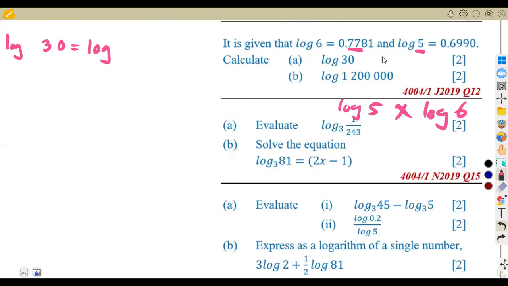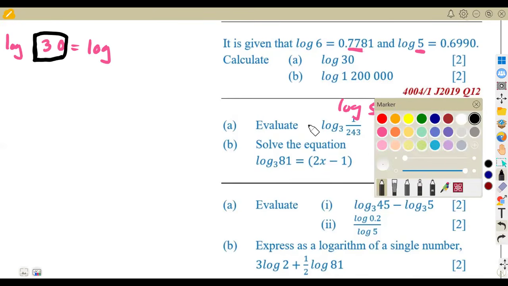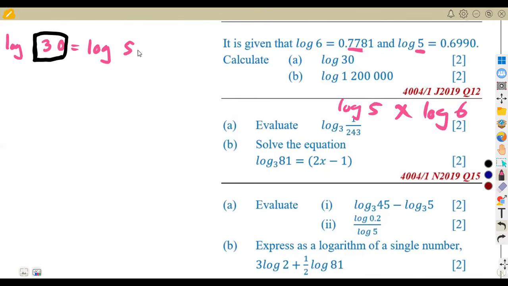That is the truth, that is what we were given here. But the separation on its own, 30 here, is the one we are separating, not the log. The one we separate first is the number. What is this 30 representing? It is the product of 5 and 6.